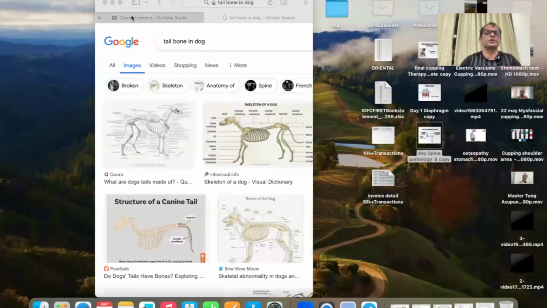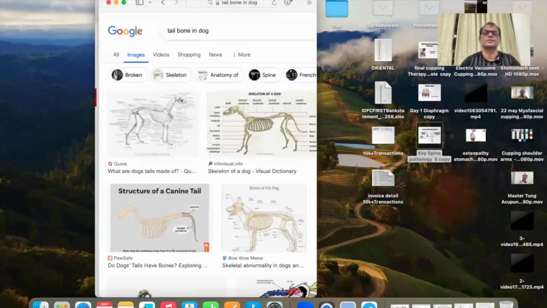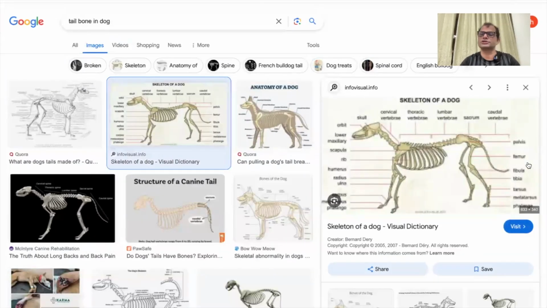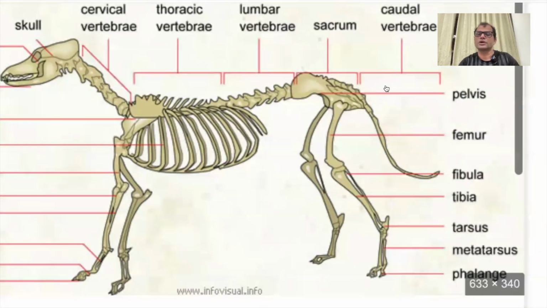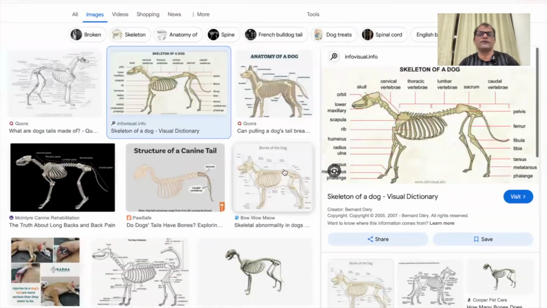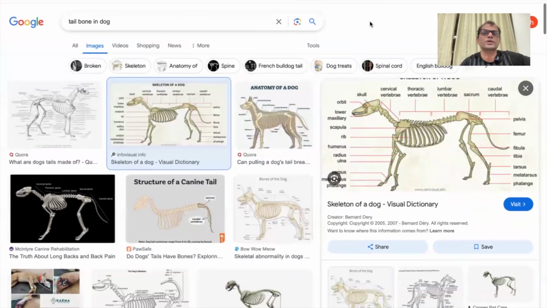If you look at the tailbone of other animals, we can see the structure of the dog. The dog has a very long tail with many bones. There are multiple bones, more than in a human.